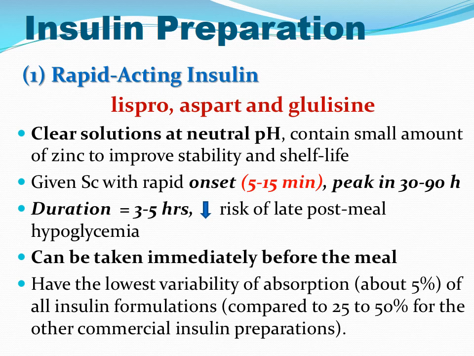The shorter duration of action will decrease the risk of post-meal hypoglycemia. They can be taken immediately before the meal. They also have the lowest variability of absorption, about 5%, among all the other formulations of insulin.